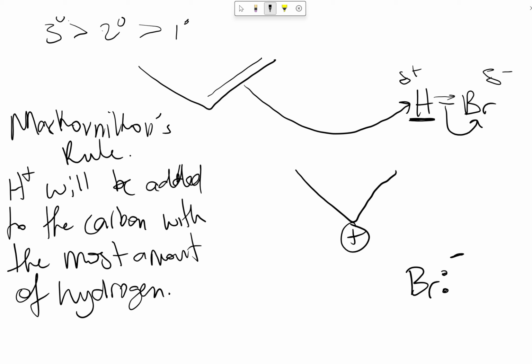This is a nucleophile because it's going to be attracted to that positive charge. So the electrons on the bromide ion will be attracted to that positive charge on the molecule, giving rise to this molecule here. That is the end product. This is a major product.